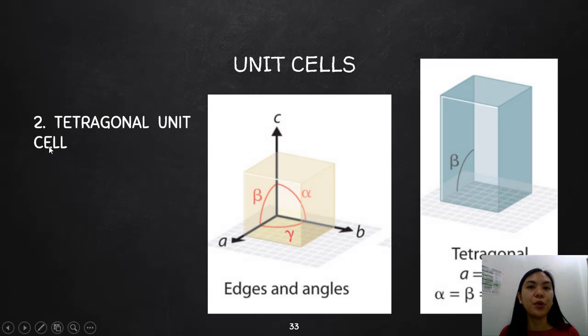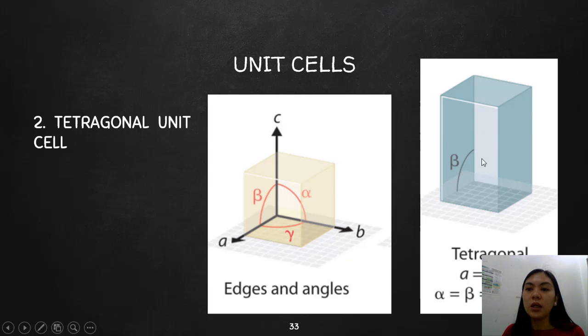And you have the second type of your unit cell, which we call your tetragonal unit cell. Now, when we say tetragonal unit cell, as you can see, di ba, si side A is equal siya sa length ni side B. So, you have a square there. So, side A is equal to side B. However, side A and side B is not equal to your side C. So, as you can see here in the figure, pwedeng mas mahaba si side C, pwede rin naman pong mas maikli si side C. So, hindi siya magkakapareho ng size.